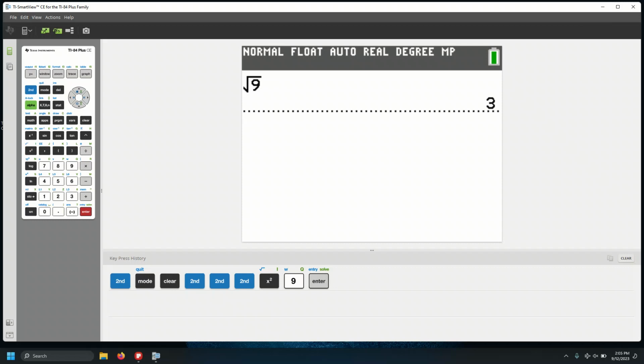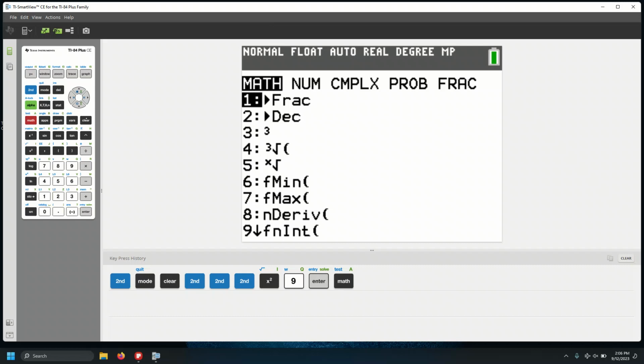However, for other roots, your graphing calculator should be equipped with this operator here, the x radical symbol. That's to evaluate roots that are beyond the cube root or the square root.